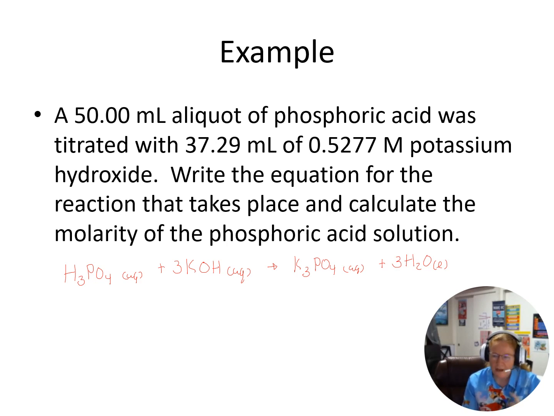So I'm going to switch slides so I have a blank slate. Okay, so when we do this, we're just doing stoichiometry with a solution. So in order to do stoichiometry, I have to get moles, right? So if I have a volume and I have a concentration, I can calculate moles.